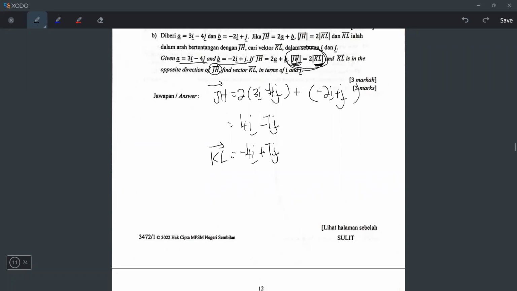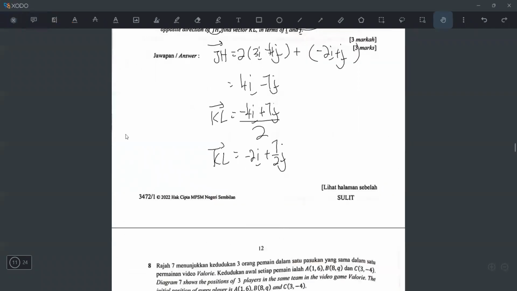So the length of JH is actually 2 times the length of KL. It means if you want to get the length of KL, I need to divide by 2. Because JH is 2 times longer, that's why you have to divide by 2. Means you will end up with negative 4 divided by 2, which is negative 2i plus 7 over 2 j, right? That's how you do it. That's the correct answer. Hope you understand.